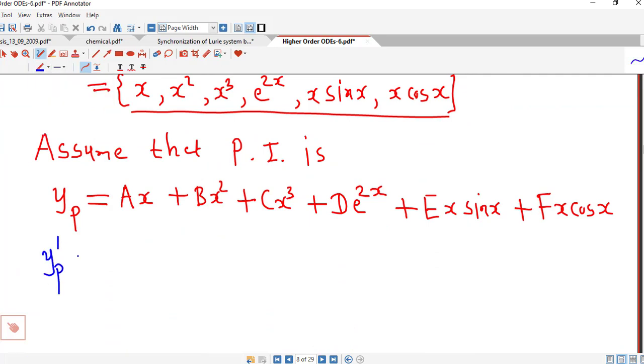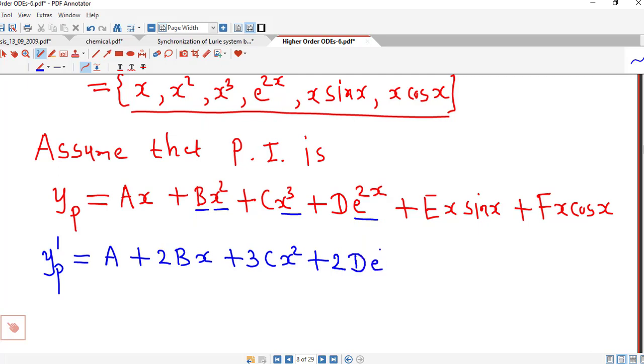So yp dash: derivative of a into x is a, plus yp double dash b, as derivative of x square is 2x, so we have 2bx. Similarly derivative of x cube is 3x square, so we can write 3cx square plus derivative of e raised to 2x is e raised to 2x into 2, so we have 2 times e raised to 2x into d.